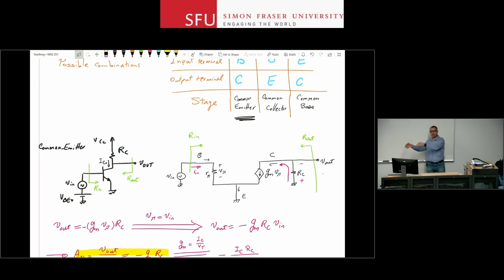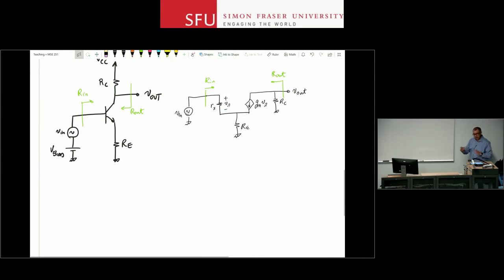Anything that happened at the output really didn't do anything at the input, or things at the input simply changed the rpi value, vpi value, and then there was no other connection beyond that between the input and output. Now with the inclusion of RE in the circuit, I have some connection between input and output of this circuit. So let's go and solve the gain problem first.